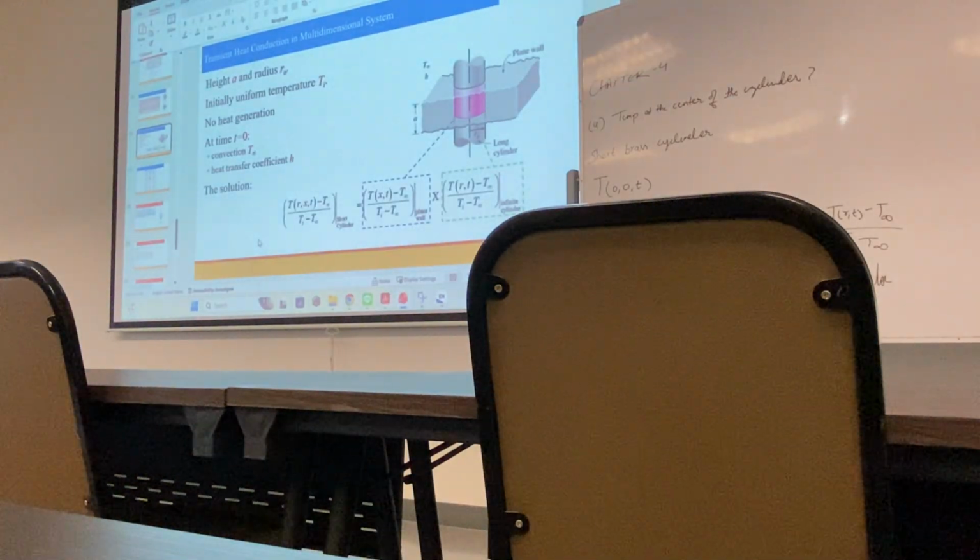One technique that we can do here is we can use the Heisler chart directly. This will make the calculation very easy.